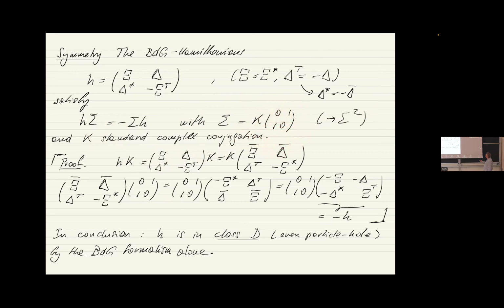And let me try to give the proof. If you were to compute H sigma, then you would first need the complex conjugation. And that you can pull through. If it's not yet pulled through, you can pull it through by complex conjugating everything inside. Psi becomes psi bar, then comes the bar, and then they are already in the transpose complex conjugation. And then once you are there, you still face this Pauli matrix there.